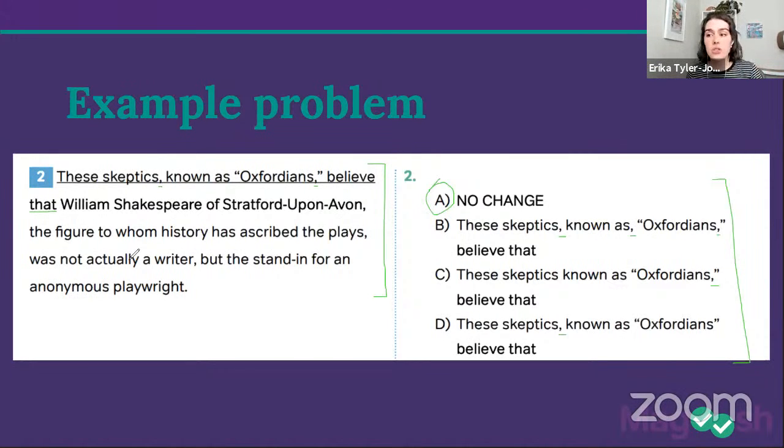So the first thing I'm going to do is a little bit of cut the fluff. I'm not going to cut anything that's in the underlined portion because that's the part that I don't know about, except for maybe that. These skeptics, known as Oxfordians, believe that everything from this that to the end of the sentence is what the skeptics believe.